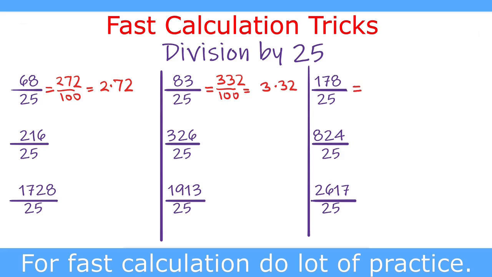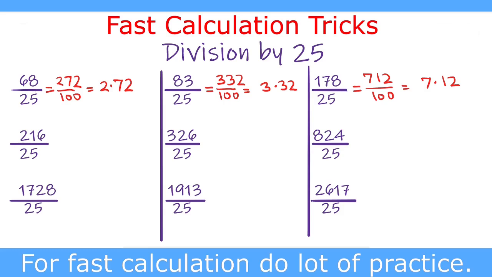178 divided by 25. The double of 178 is 356 and double of 356 is 712 divided by 100. This is equal to 7.12. If you have any difficulty in multiplying 178 by 2 and then again by 2, what I suggest is you split 178 into 150 and 28.